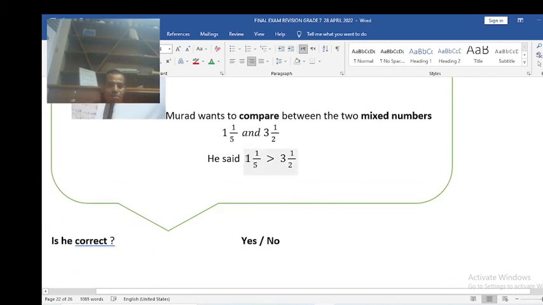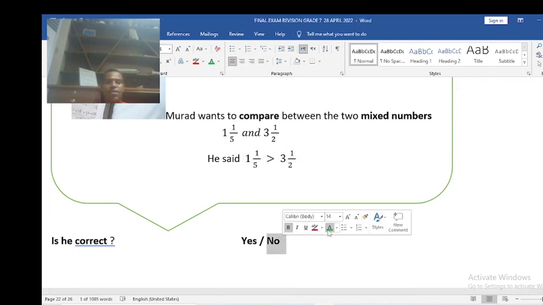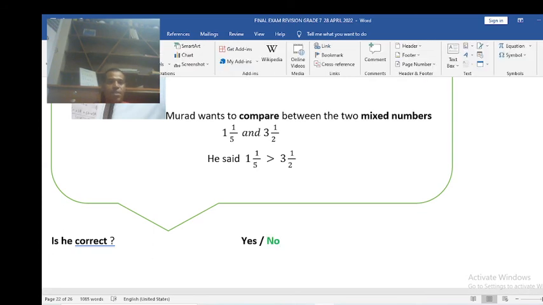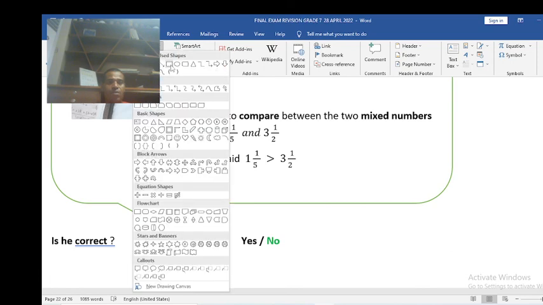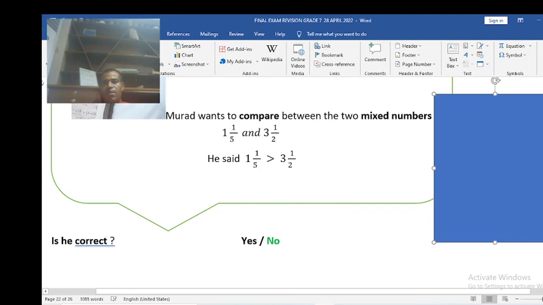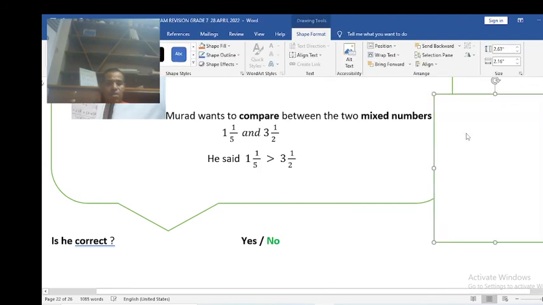I will copy this. Let's see if it is correct or not. Of course here you can say that it is not correct. Then I'm going to explain this. I will use a table or a square, then make it like that, and copy.